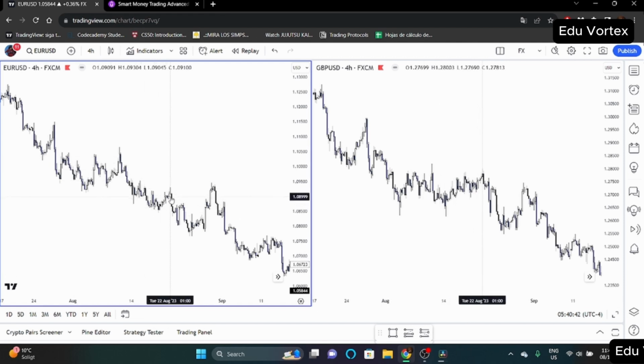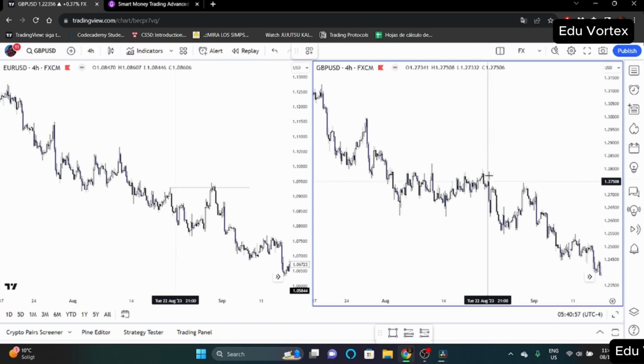Right here, what's happening? We go lower, and what does Euro do? Euro takes this high. GBP, does it take this high? Not really. GBP does not take the high.